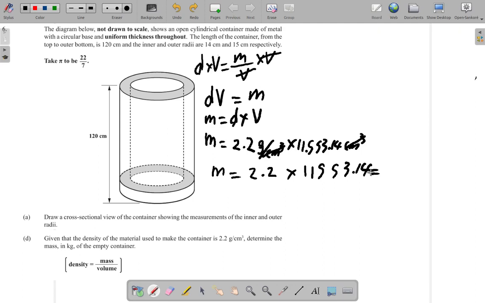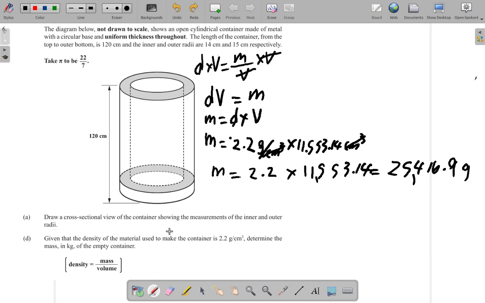Complete that, multiply it, and see what you get. 2.2 times 153.14 equals, and I get 25,416.9 grams. Now what they said was determine the mass in kilograms.